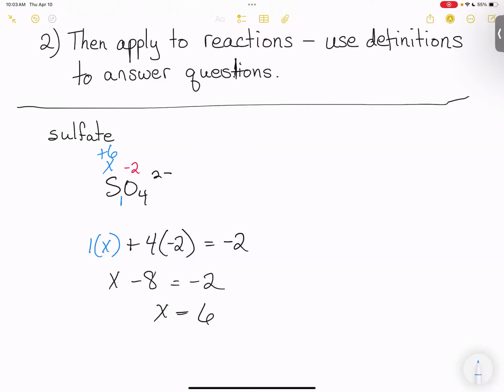It doesn't matter where I find the sulfate. The sulfur is going to be a +6 and the oxygen is going to be a -2. So once you know the oxidation state for the elements in a polyatomic ion, you know them, period. You don't have to continue to calculate them every single time for multiple compounds.